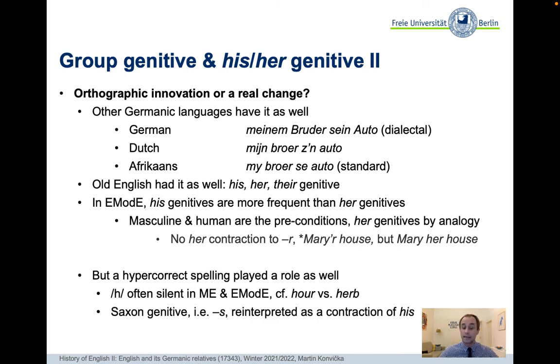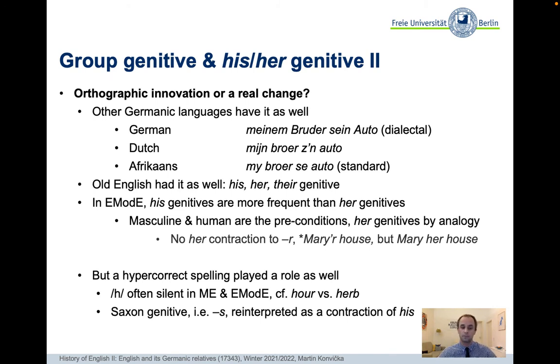What also played a role here was probably something that is called hypercorrection, right? So in Middle English and early modern English, we have something that's called the dropping of the H. We also talked about that last week, right? In words such as hour or herb, the H is written but not pronounced.